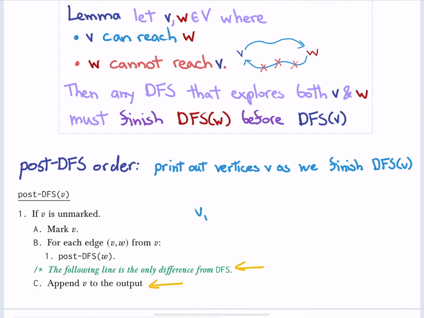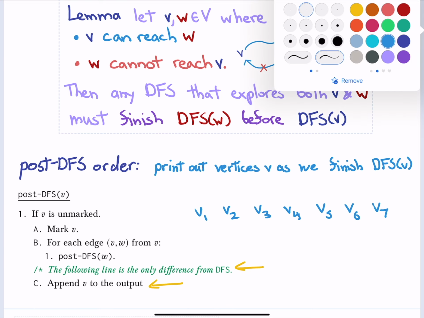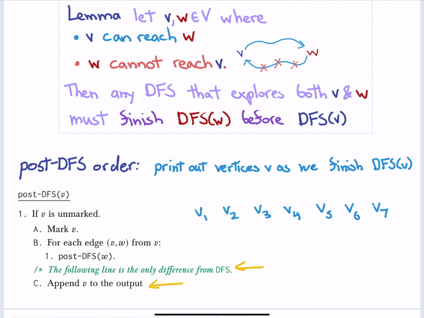This will be the first vertex that depth first search finished on, second vertex, third vertex. It'll print out some vertices in some kind of order. Now, if I transpose the edges onto this ordering, what would it look like?